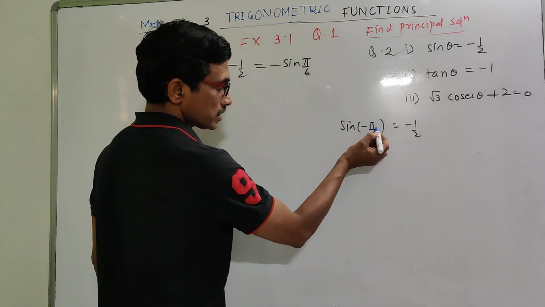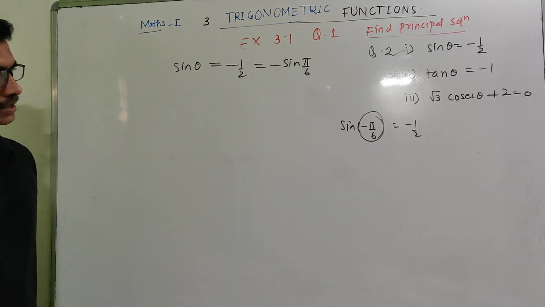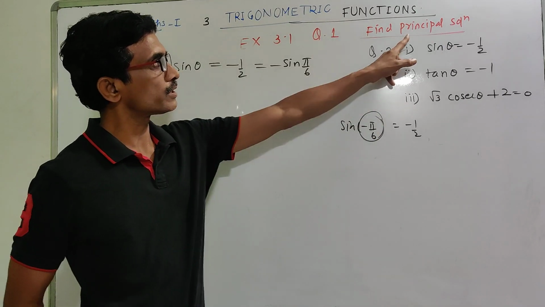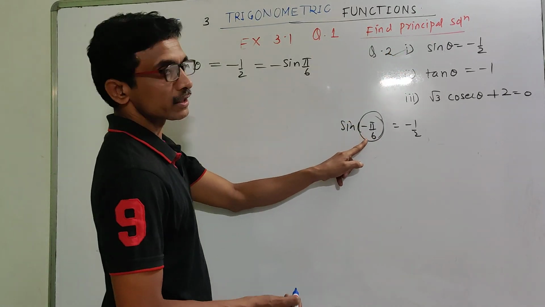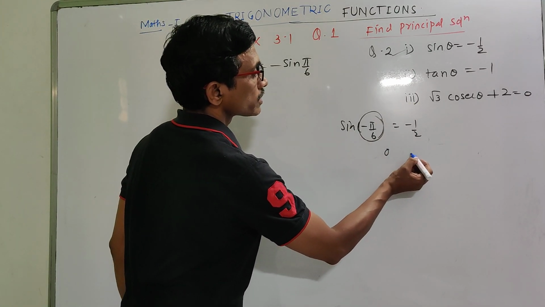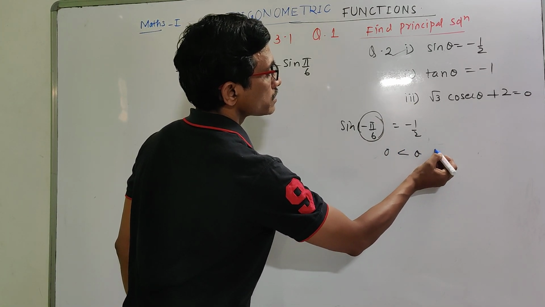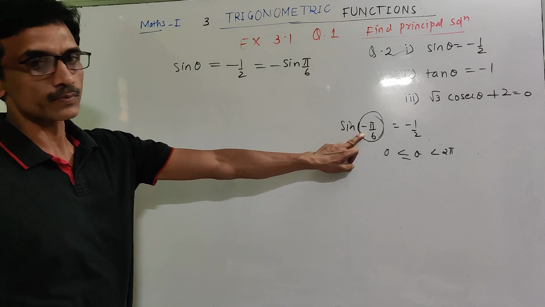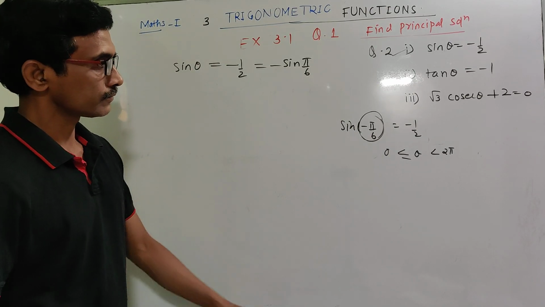But this value, minus pi by 6, is less than 0, and we are interested in getting the principal solution. So this negative value cannot be our answer, because the principal solution lies in 0 to 2 pi. So therefore minus pi by 6 cannot be the answer.